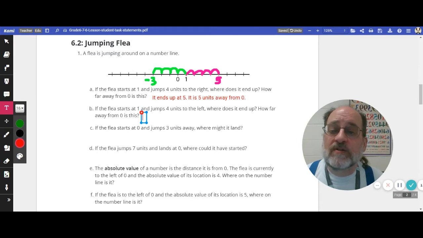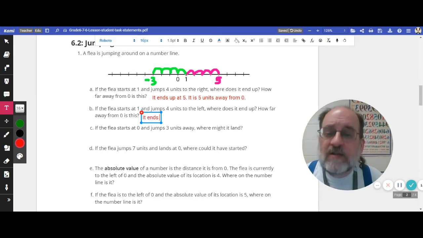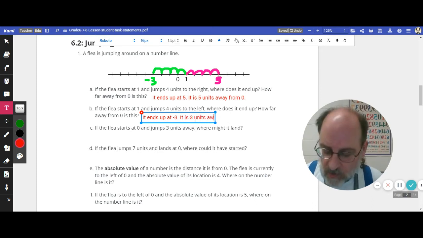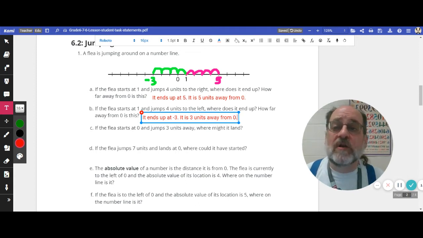Where does the flea end up? It ends up at -3. It is 3 units away from 0.